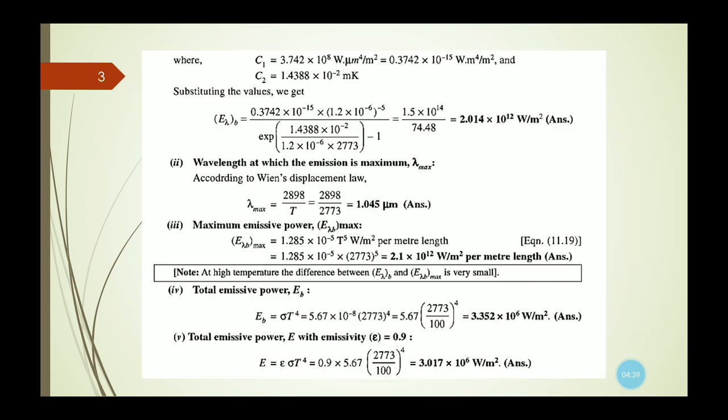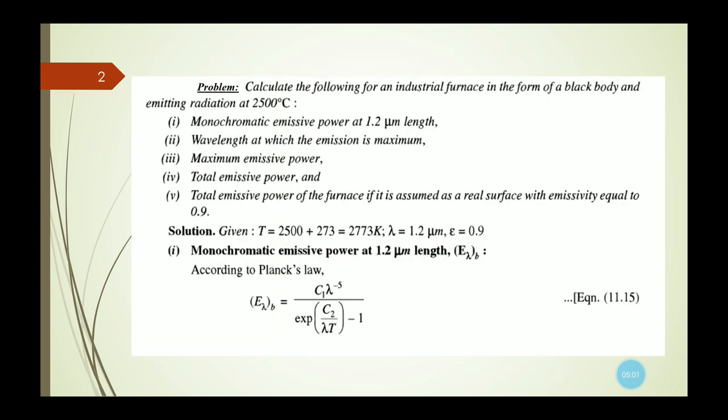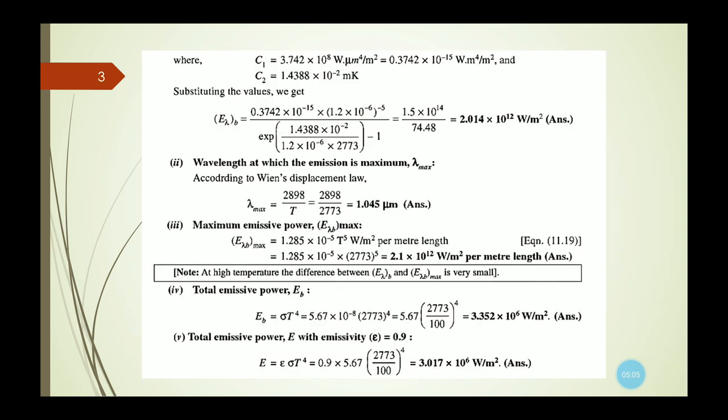Putting the values of C1, C2, lambda and capital T in the formula of Planck's law, we get the monochromatic emissive power. This comes as 2.014 into 10 to the power 12 watt per meter square. So by using the formula of Planck's law, we have calculated this first part, that is the monochromatic emissive power at 1.2 micrometer wavelength.